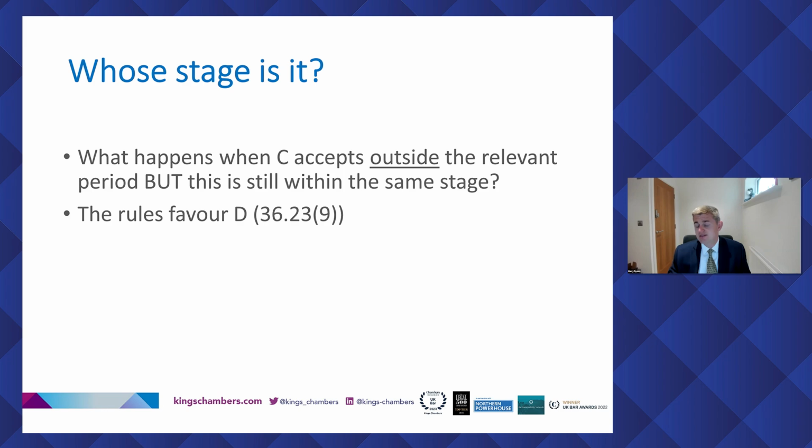I would say this is very much in the spirit of the Part 36 regime because there is a clear penalty for accepting outside of the relevant period, and that is any doubt in terms of whose stage it is is resolved in favour of the defendant. So I would say that's in line with the rules. And again, the rigidity of these rules helps us advise clients accordingly because we can advise with some certainty what's going to happen.